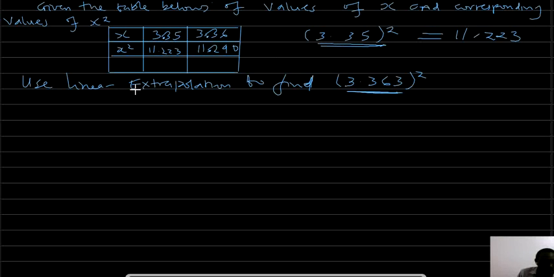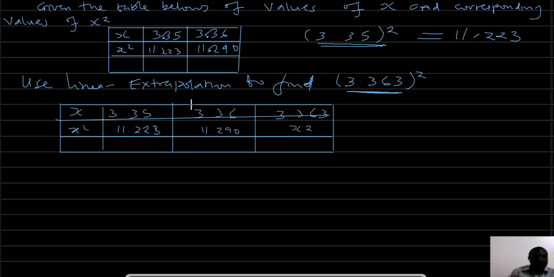You can see that this shows a trend that they're increasing, going to this other side. So I'm going to extract and I will have a table like this. Again, I'm going to put here my A, B. We need to find the x squared, not by pressing the calculator, but by using the knowledge of linear extrapolation.